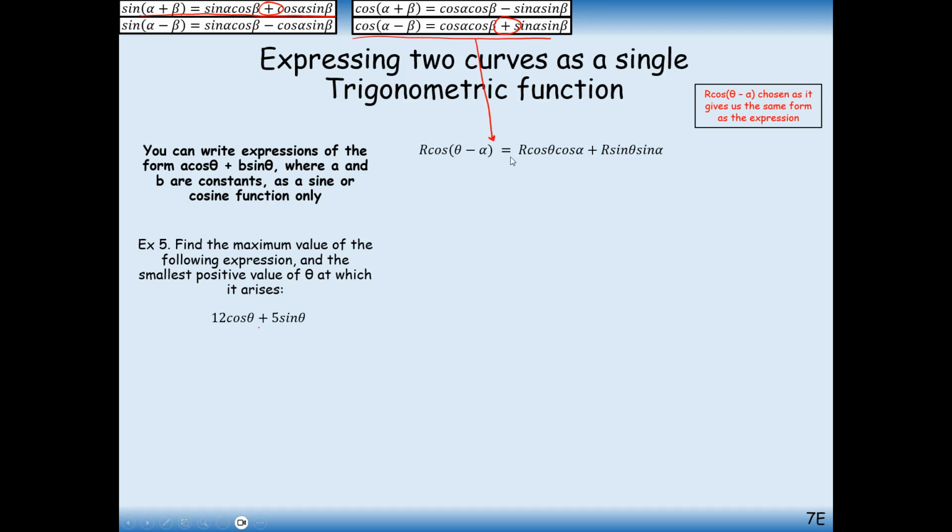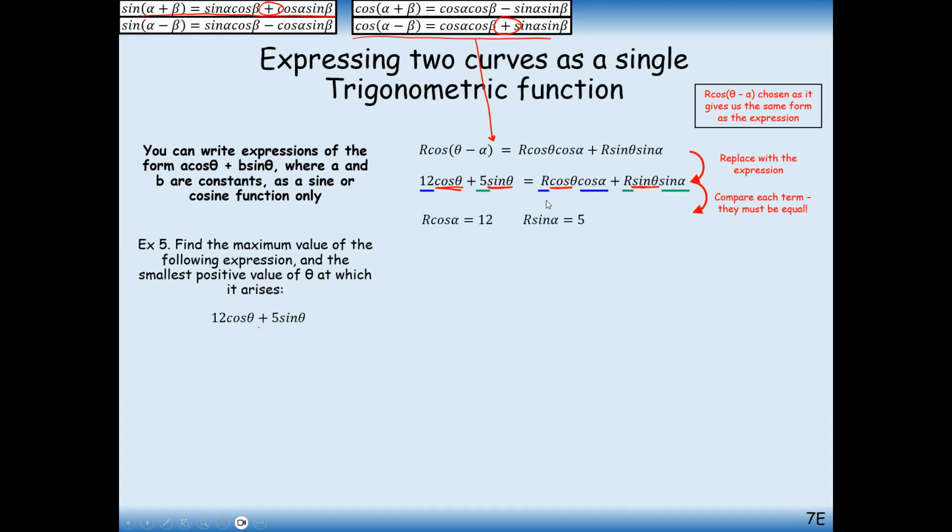Multiplying both left and right of that expression by capital R will give us this. As always, like in previous examples, we underline the matching terms. So cos theta and cos theta match up with each other, sine theta and sine theta match up with each other. That means the remaining parts, the blue underlinings and the green underlinings, must match up.